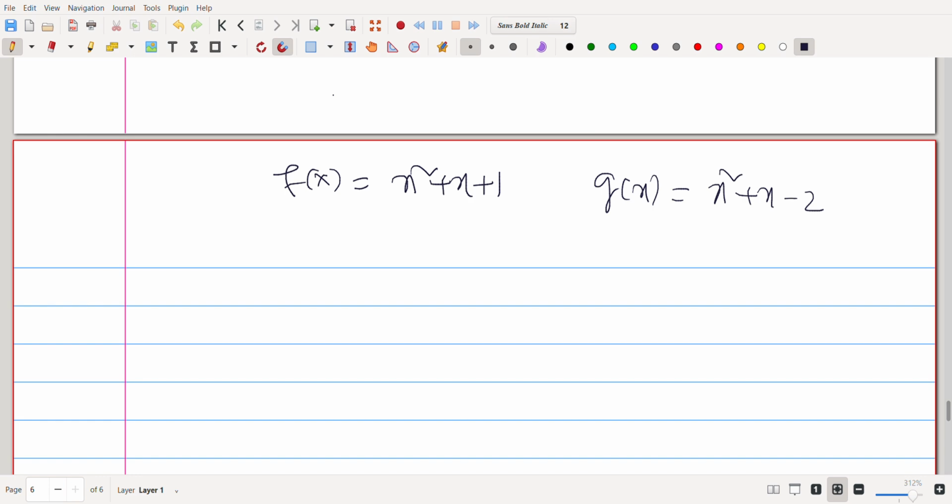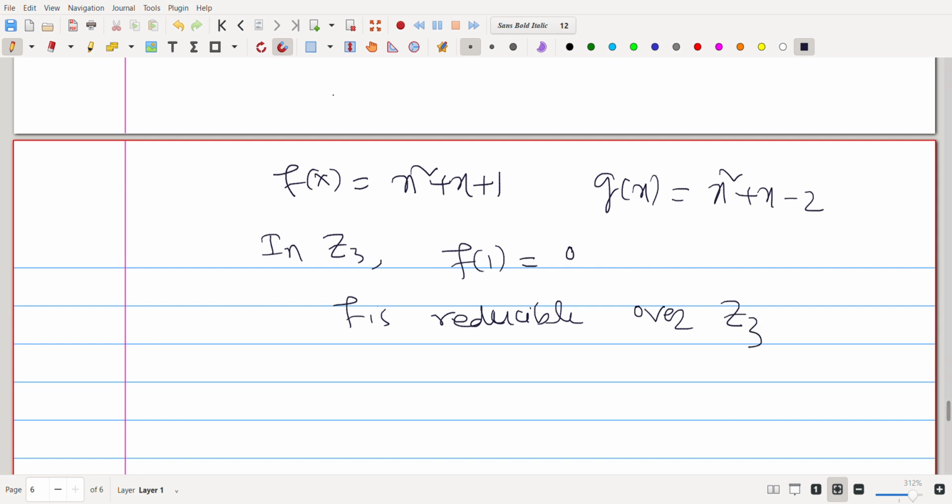So first observe that in Z3, f of 1 equal to 0. That means f is reducible. F has a zero over Z3. Right? Hence option 1 is wrong. F is reducible there because f has a zero in Z3.